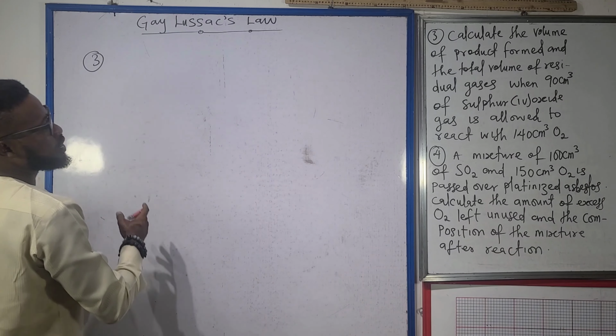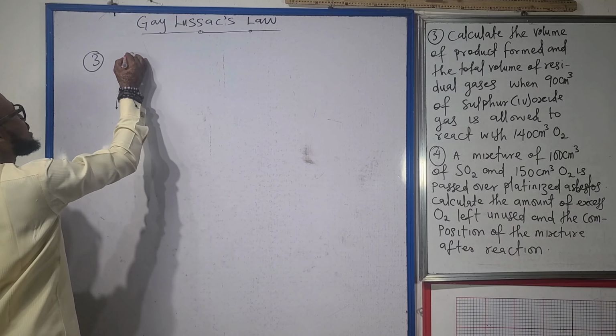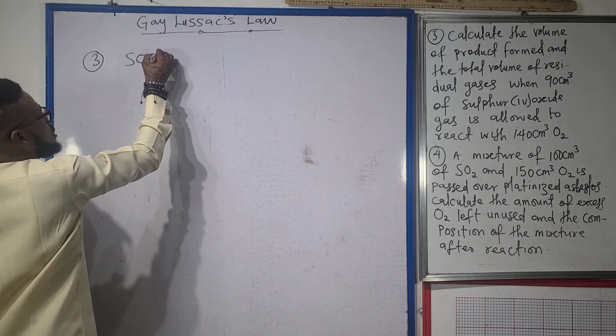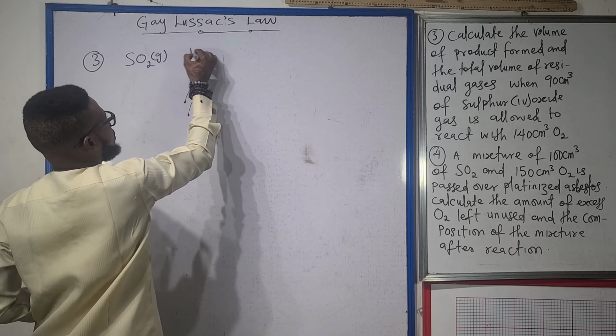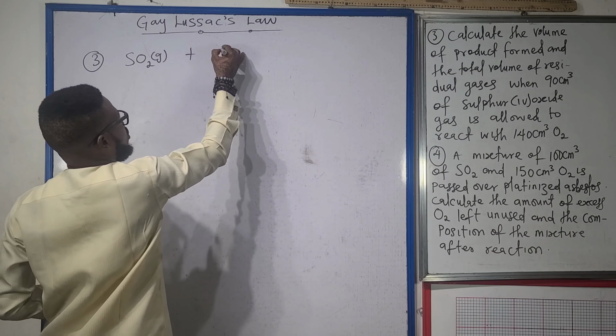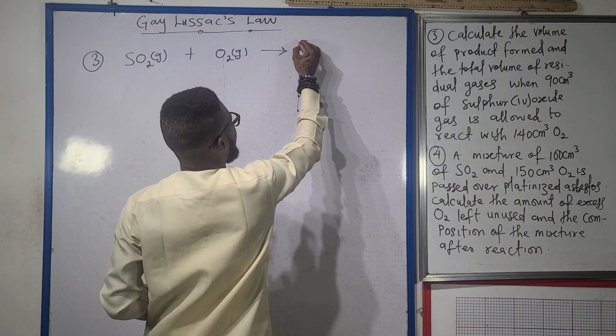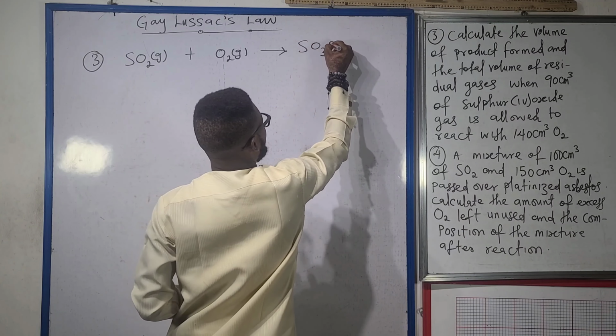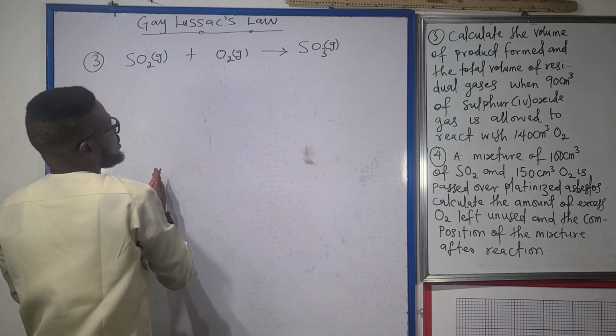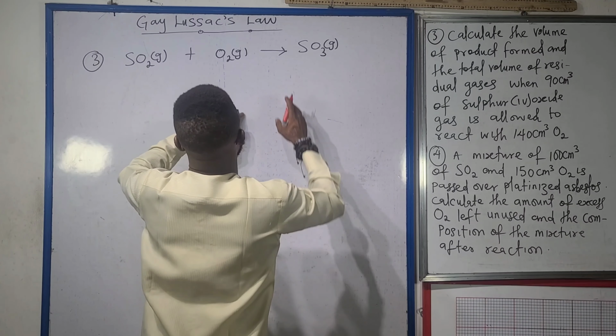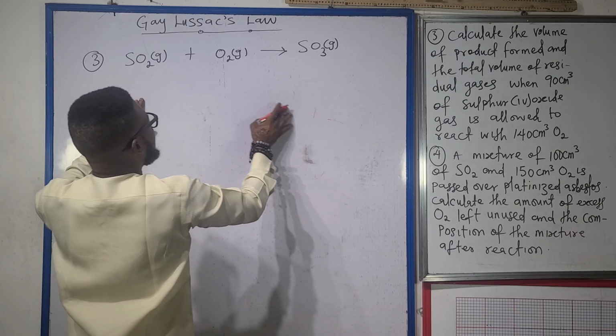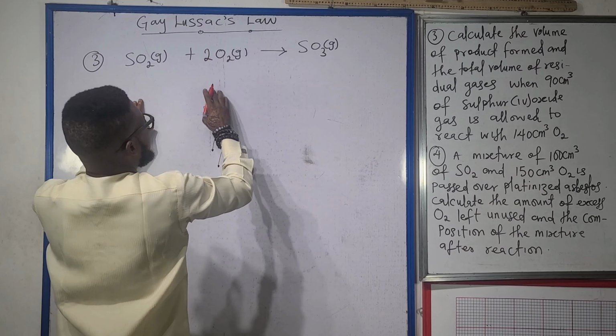Of course, when sulfur(IV) oxide gas, SO2 gas, is allowed to react with oxygen gas, we're going to have sulfur(VI) oxide gas, SO3 gas. The next thing is to try to balance this.